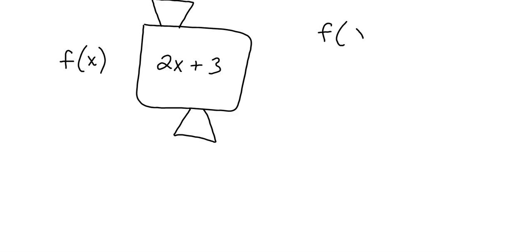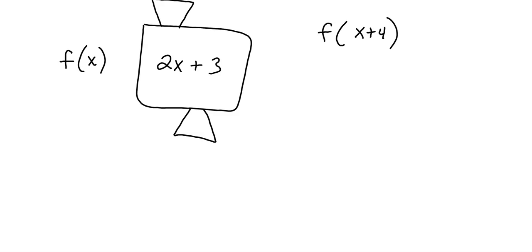So let's just say, for instance, we have the same type of machine, things going in, things popping out, and they say f of x equals, let's say 2x plus 3. And then they're like, well, how about f of x plus 4?